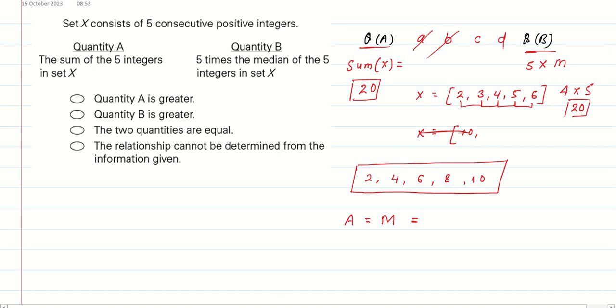In which case? Arithmetic progression case, right? So I can also find the median. What is the median here? 6. I can also find it as the first term plus the last term divided by 2. What is the first term? 2. The last term is 10. I'll get the answer.